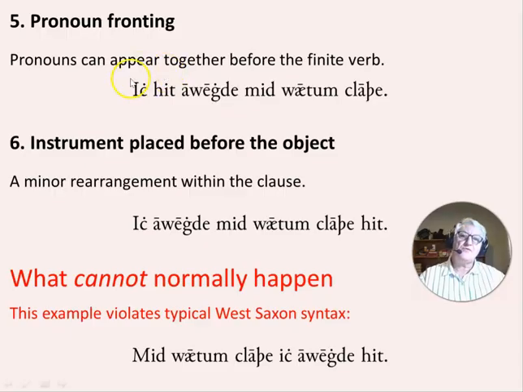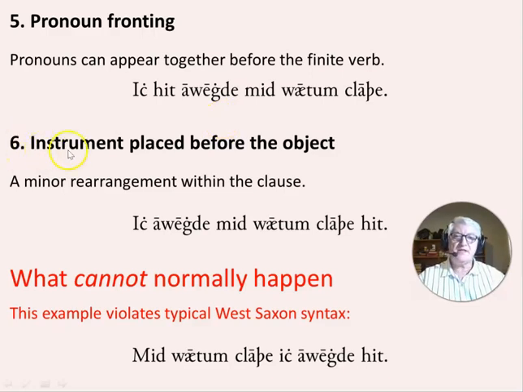You just treat this ich hit as a unit, the pronouns as a single block. Then comes the conjugated verb, and then the rest. Ich hit āwēģde mit wētum clāþe.